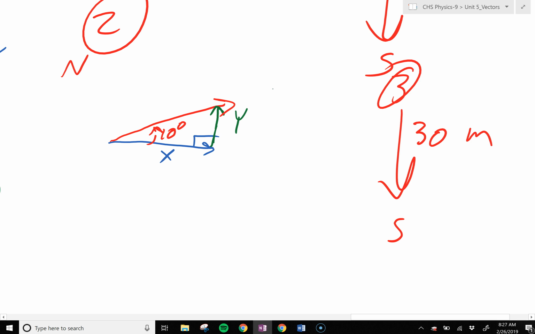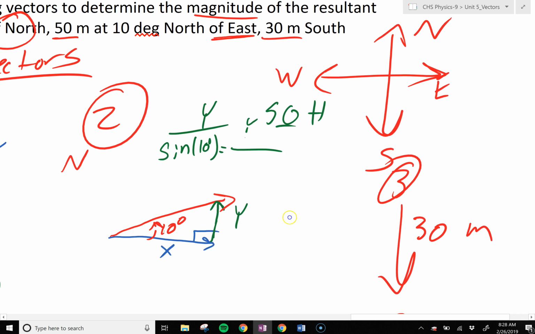That's the y direction. So now we have to use sine, cosine, or tangent to find our answer. Let's see, I've got this one, so I'm going to use that for the y direction. The y side is opposite from the angle, so we're going to use sine because sine has to do with the opposite side, unlike the first example. So we've got the sine of the angle, which is 10 degrees, equals the opposite side, which is the y, over the hypotenuse, which is 50 meters.